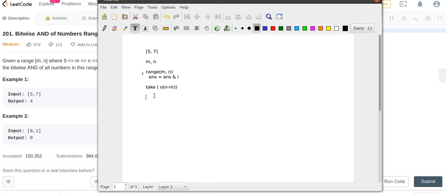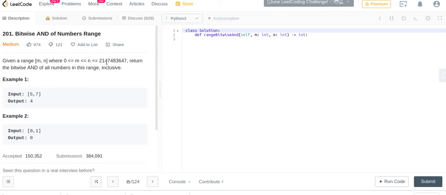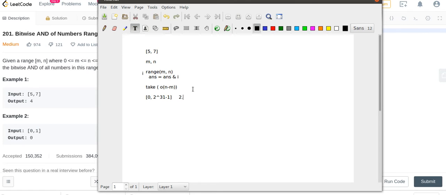For this problem, it could be time limit exceeded because m and n are in the range of 2^31 minus 1, which is about 2 times 10^9. So we have to think about another solution.